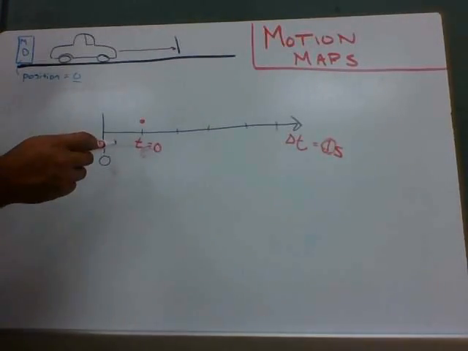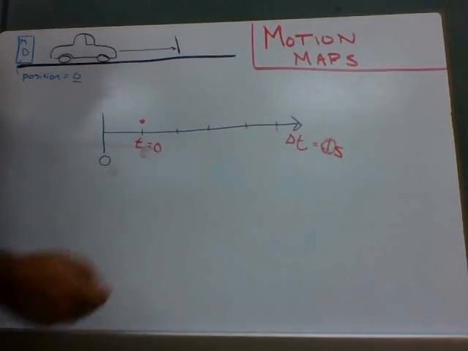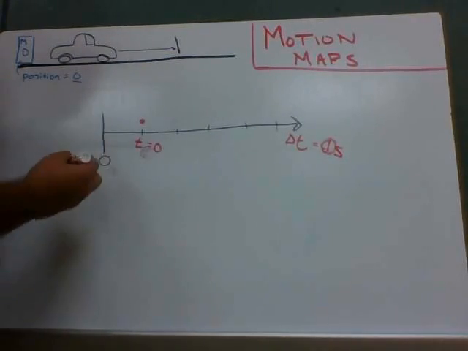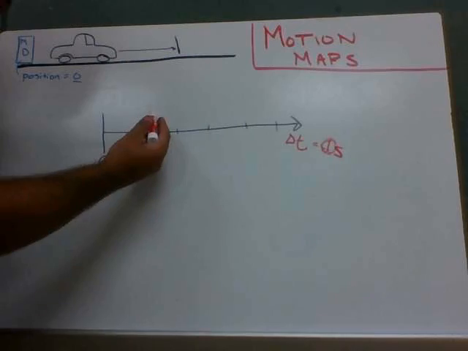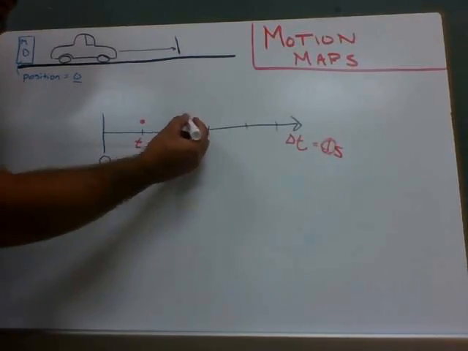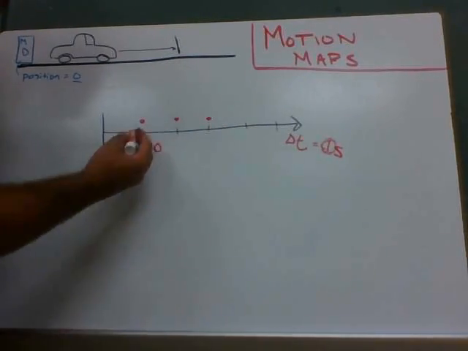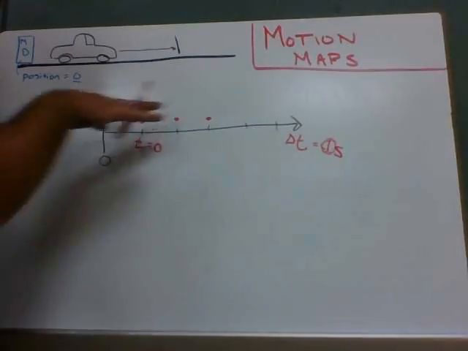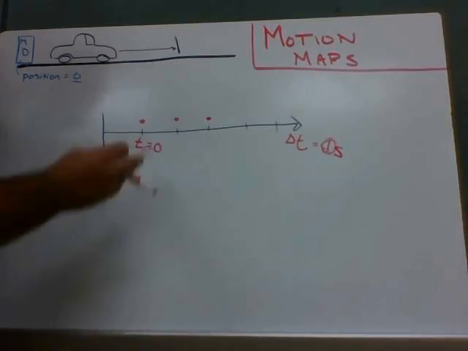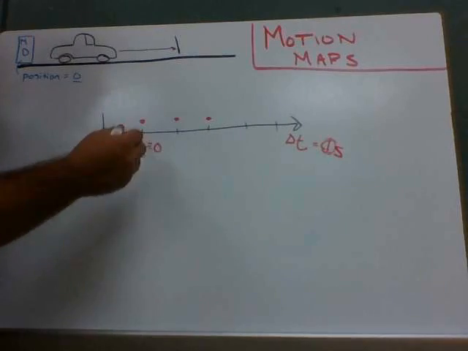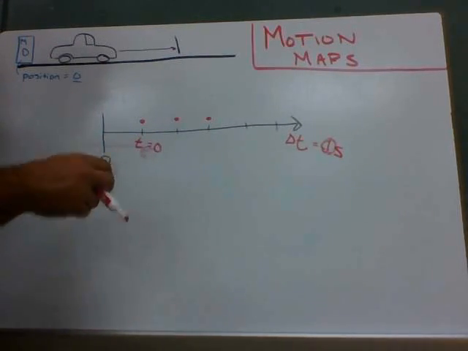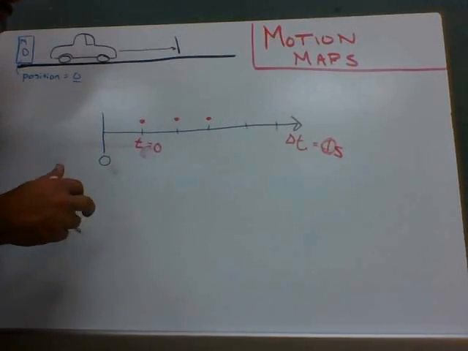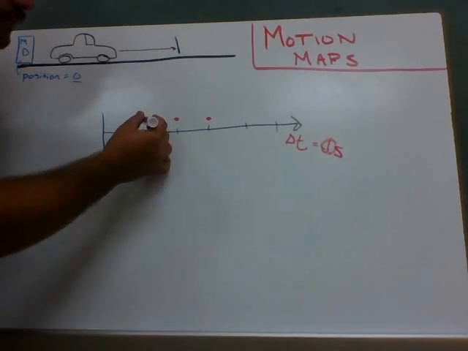Okay? So then every second, I'm going to put a dot. Well, since we don't really specify, I can do however many dots I want. So let's just say it went for 3 seconds. So 1, 2, 3. And as I'm going, my position is changing. So this line right here, this black line, represents the position. These dots are representing where that object is at a given position in every second.